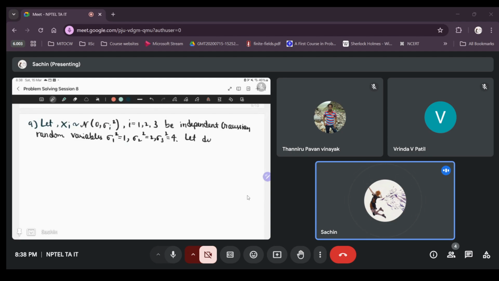Let the distortion measure be d of x cube comma x hat cube.